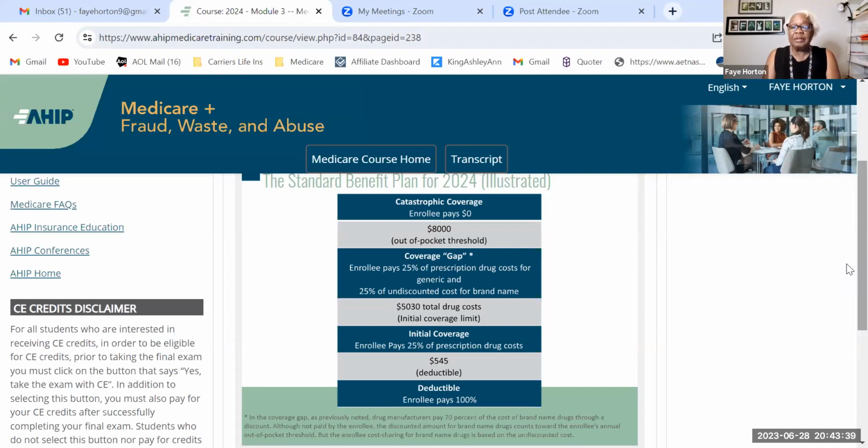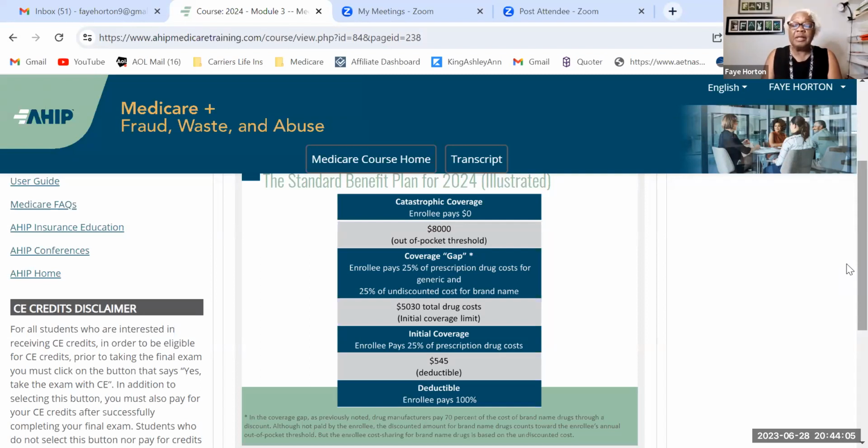The standard model deductible is $545. You may have plans that have deductibles that apply to tiers 3, 4, 5, and 6, and do not apply to tiers 1 and 2. So be careful when you're looking at the deductible. Make sure you know which tiers the deductible applies to in the plan that you're offering.